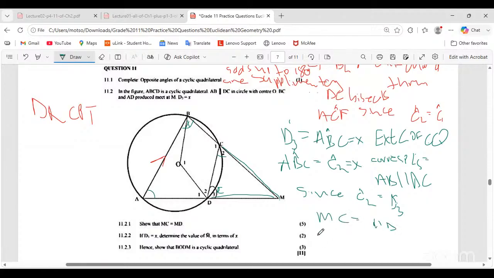Why? Now we have sides equal, opposite equal angles. Sides opposite equal angles. You are done with 11.2.1.